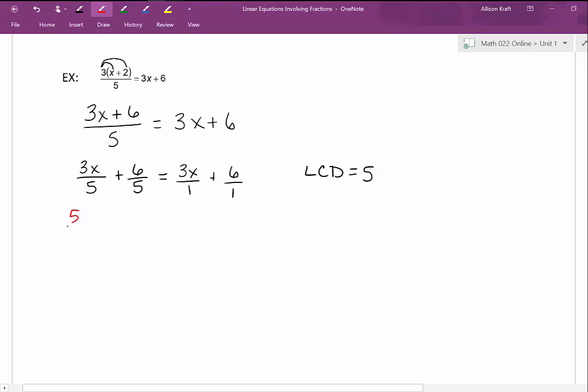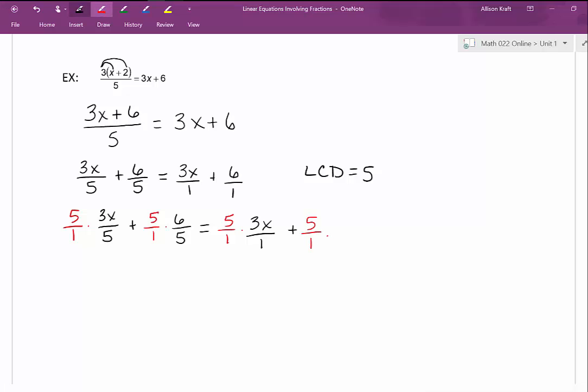We'll have 5 over 1 times 3x over 5 plus 5 over 1 times 6 over 5 equals 5 over 1 times 3x over 1 plus 5 over 1 times 6 over 1.